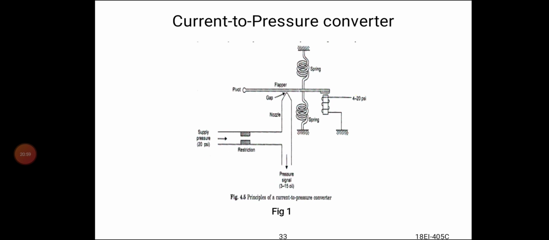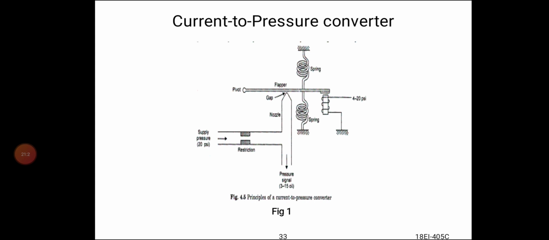Current to pressure converter. So, the power supply pressure with 20 psi of air compression passes through restrictions, then enters the nozzle baffle system.